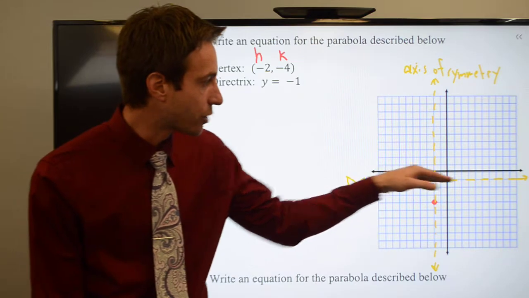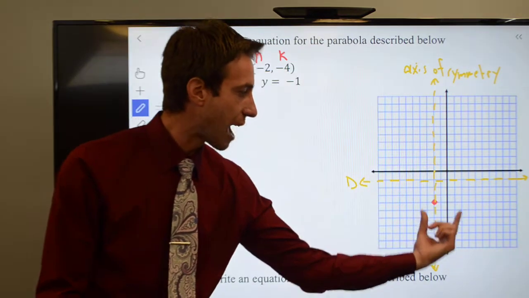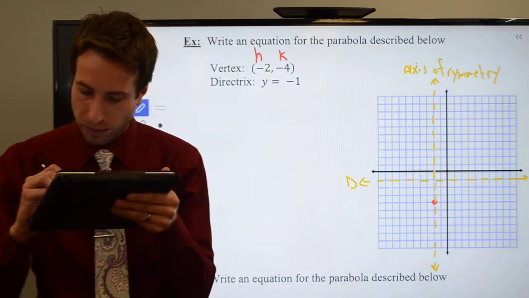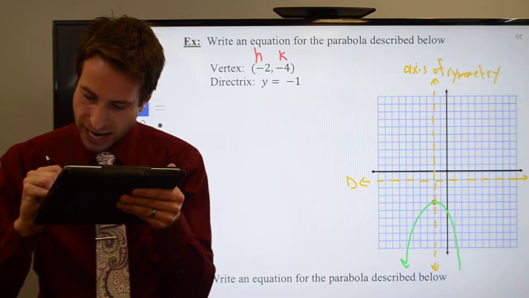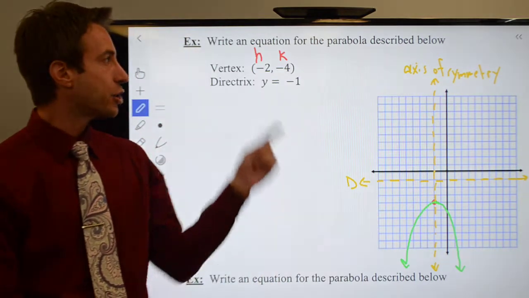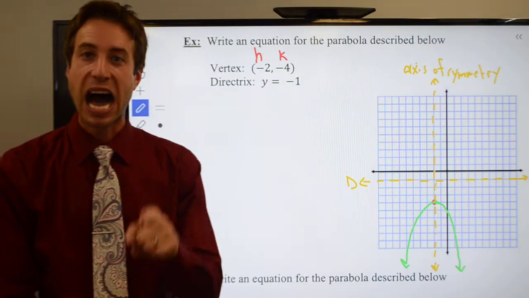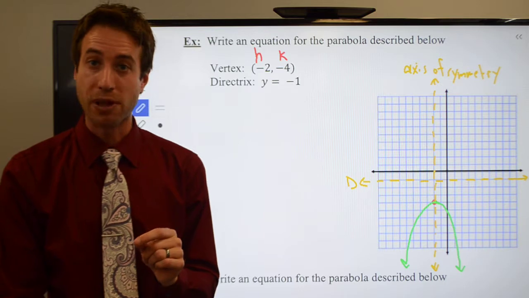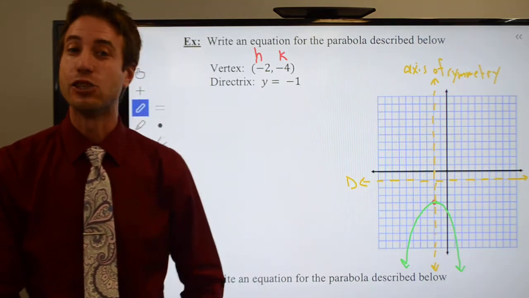Since my directrix is up here and my vertex is right there, my parabola is going to have to open down. So you just draw yourself a quick little sketch right there. That's perfect, more than enough. Just by quickly plotting the information I was given, I now know that I have a parabola that is oriented vertically and is opening down.